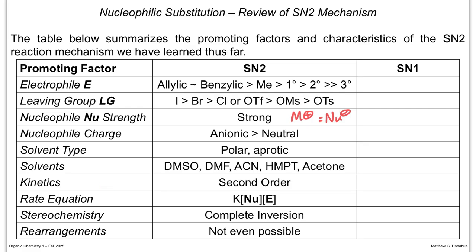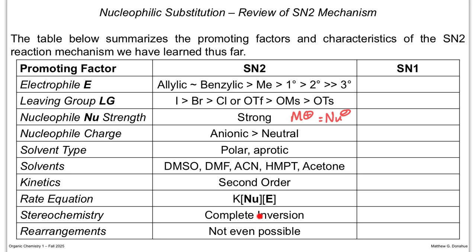The kinetics, that's the 2 of the SN2. So it's bimolecular, it's second order, meaning that the overall rate depends on the molar concentrations of both the nucleophile and the electrophile. For secondary substrates that have a stereogenic center, there will be complete inversion.